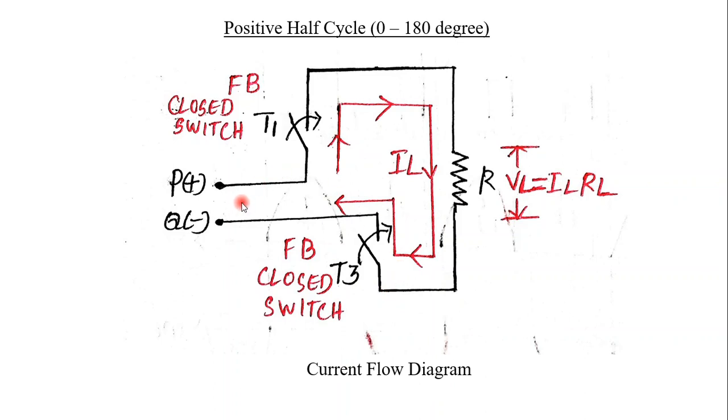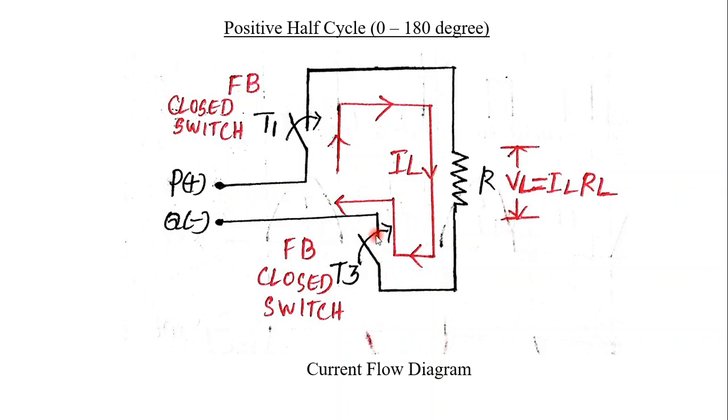Next, this is the circuit arrangement, the current flow arrangement. Here we show that P is directly connected to T1's positive terminal, so T1 is forward biased. When we apply the gate pulse, the switch is closed. When the triggering pulse at angle alpha is applied to T1 and T3, they act as closed switches. Now with T1 fired, current flows from P through T1 to the load and from the load to T3.